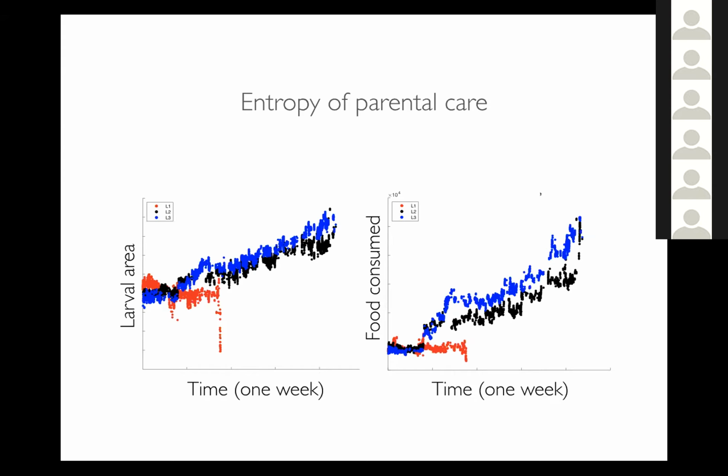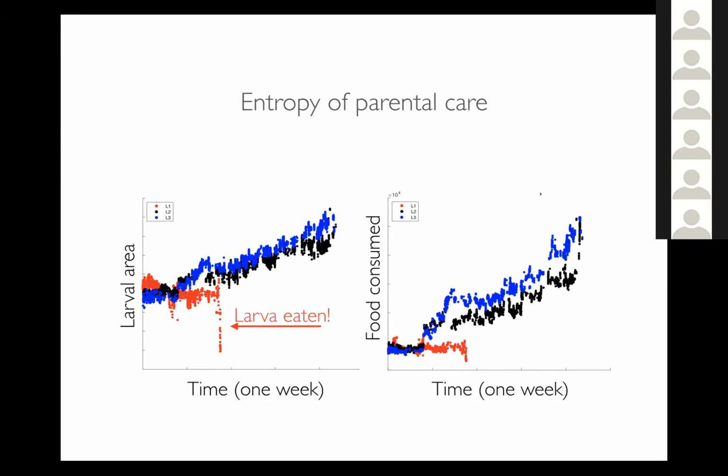So what you see here at the bottom is about 1 week of an experiment of a queen who is caring for 3 of her larvae. And you have larval area in the first plot and the amount of food consumed as measured by total fluorescence in the second plot. And I'm going to point out a few things.